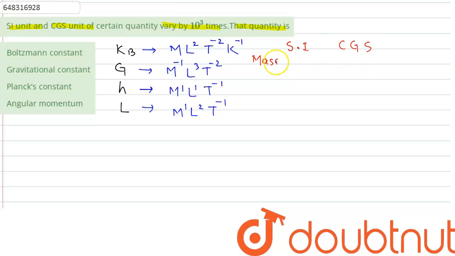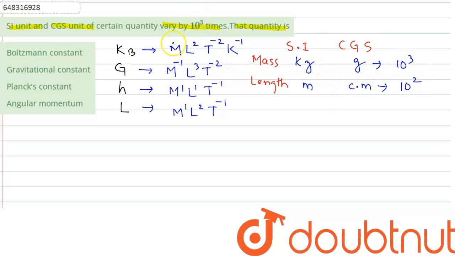So here is the SI system, and this is our CGS system. For mass, we use kilogram here and gram here. For length, we use meter here and centimeter here. So the ratio for mass is 10 to the power 3, and for length the ratio is 10 to the power 2, because 1 meter is 10 to the power 2 centimeter and 1 kilogram is 10 to the power 3 grams.